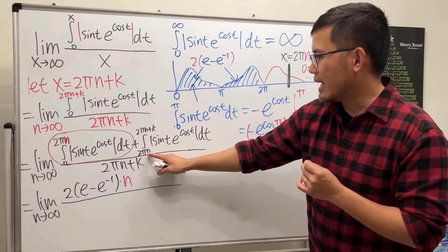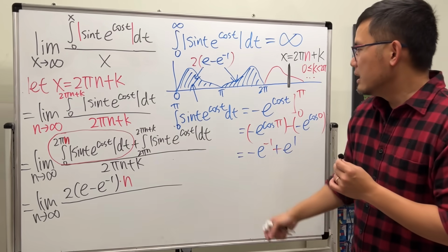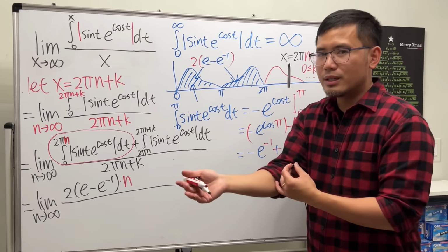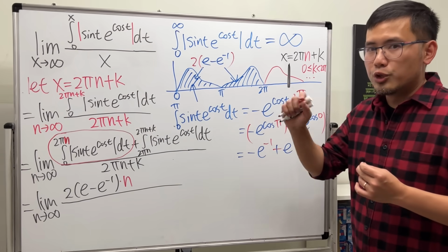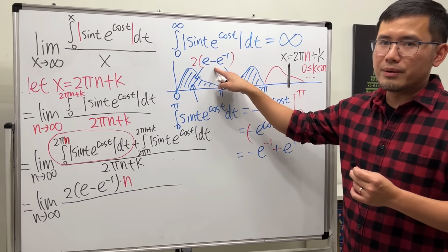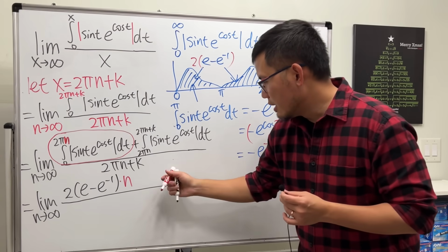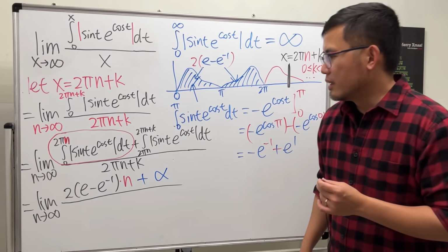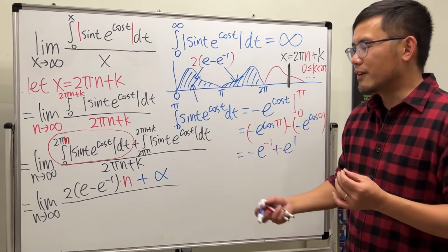Now, how about this? The integral going from 2 pi n to 2 pi n plus k. It's just like this area here. Well, I will tell you, it doesn't really matter what it is because this is always going to be finite. Not only that, it's always going to be less than this number. So depends on how you want to write it. I will just say maybe plus some alpha value. Yeah, alpha for area.